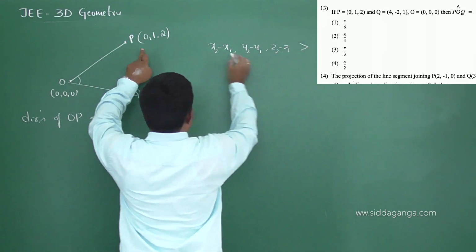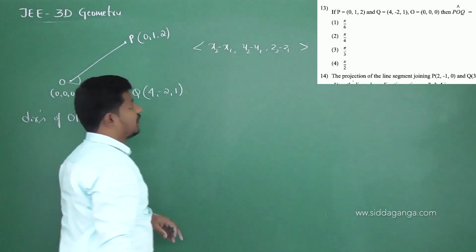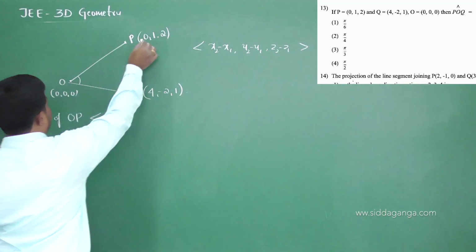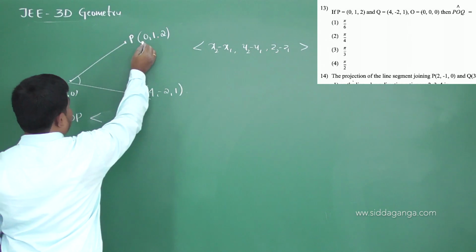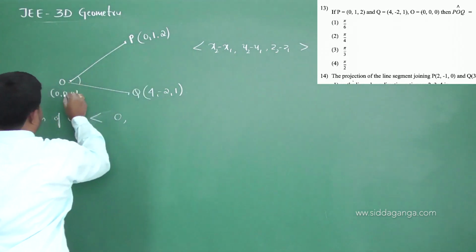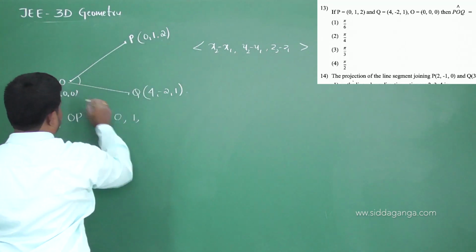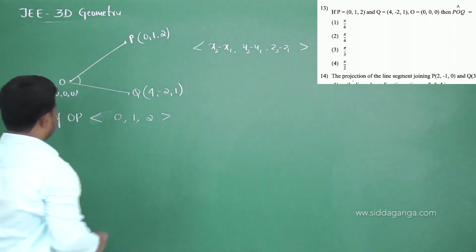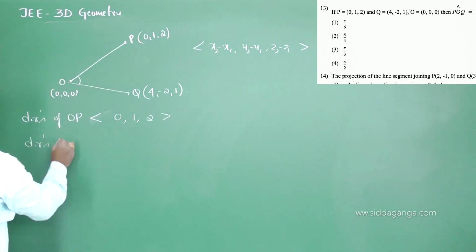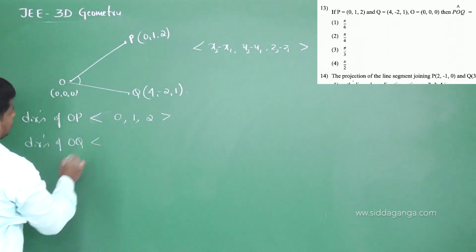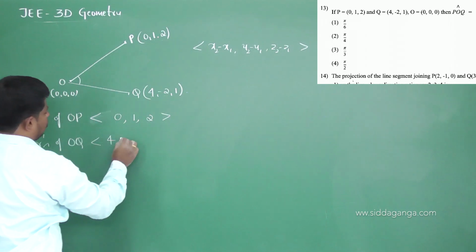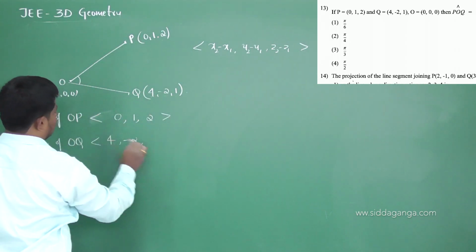So for OP you get 0 minus 0 = 0, 1 minus 0 = 1, 2 minus 0 = 2. These are the ratios of line OP. In the same way, direction ratios of line OQ are 4 minus 0 = 4, minus 2 minus 0 = minus 2, 1 minus 0 = 1.